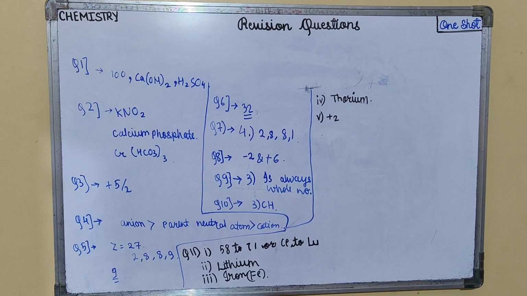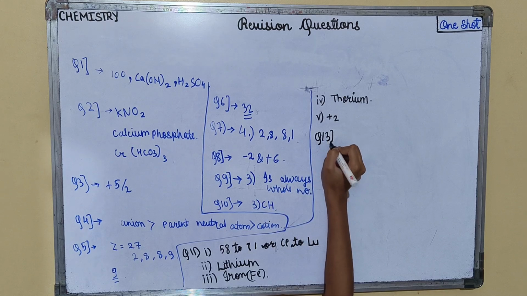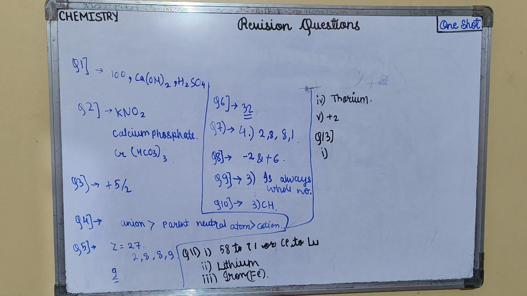Then 13th question is more interesting, based on the chapter of ABC of chemistry, the methods of separation. The question is, define the method of separation of the following mixtures.